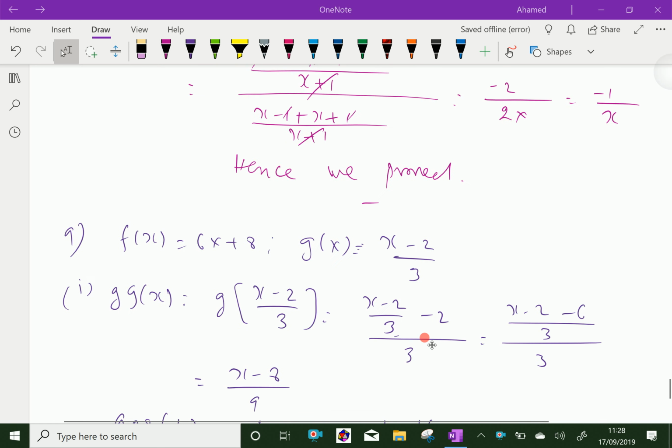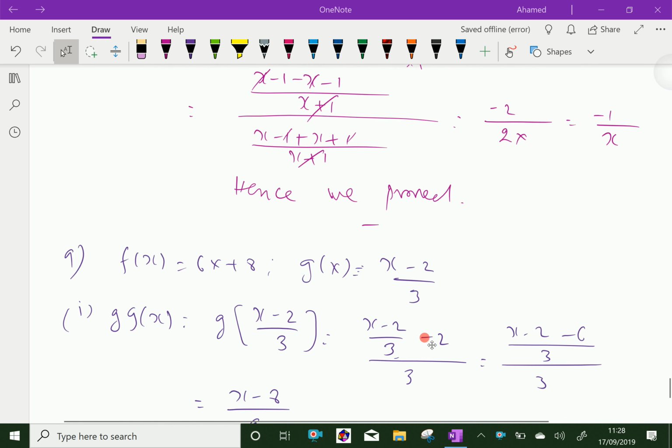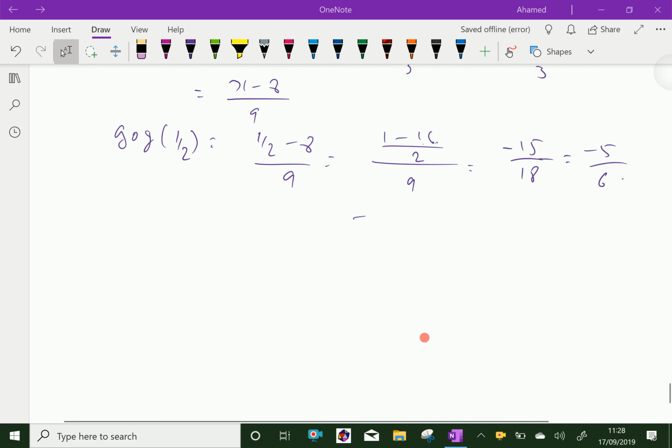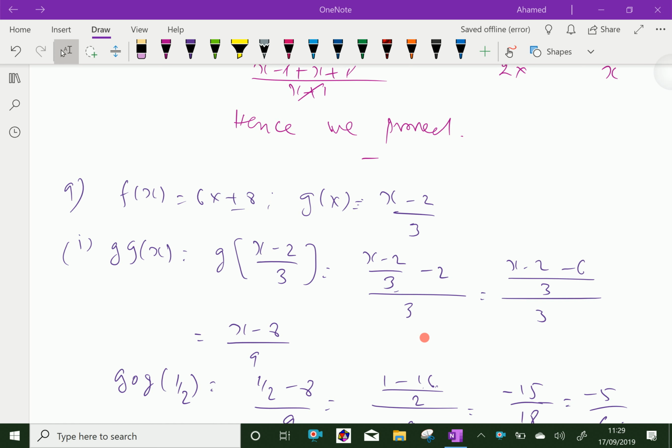Now the 9th question itself, the second part: g of f of x you have to find. F of x is 6x plus 8.